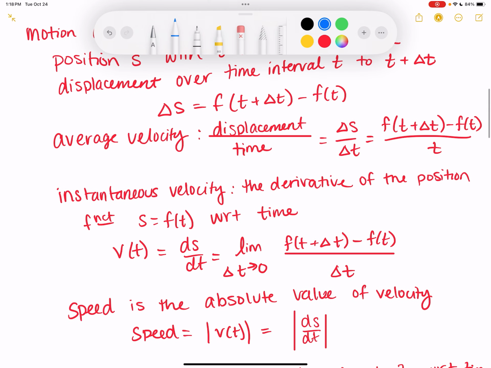Okay, it's this formula here, not this one, which isn't significantly different, but it is a little different.